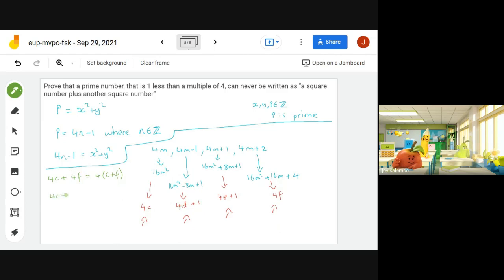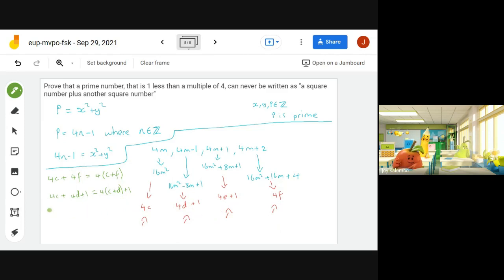So plus 1 of these. But that gives you 4 lots of c plus d plus 1, like that. So that is also a multiple of 4 plus 1. But there's no possible scenario where you can get a number that is 1 less than a multiple of 4.